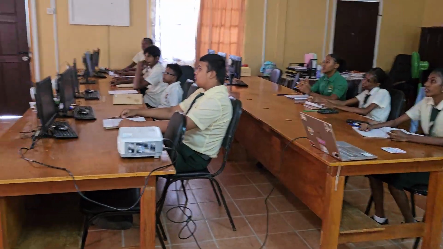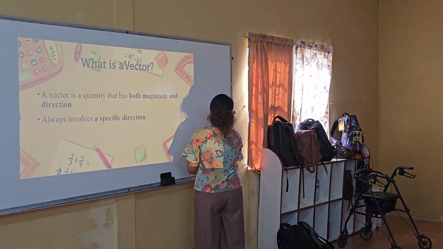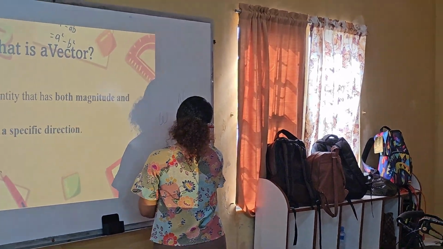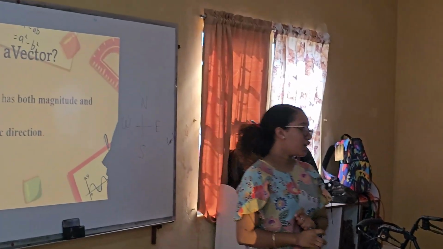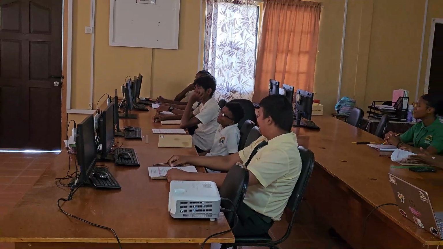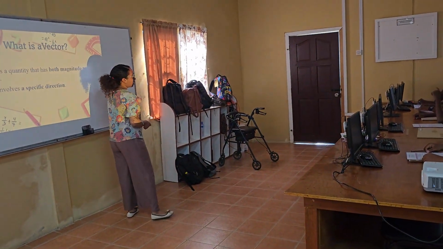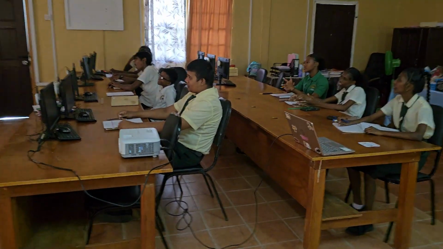Now you remember the cardinal points. You remember this? Yes. Now, Never Eat Soggy Waffles, that's an acronym for it, but we could say Never Eat Sour Watermelon. That is how I remember it.